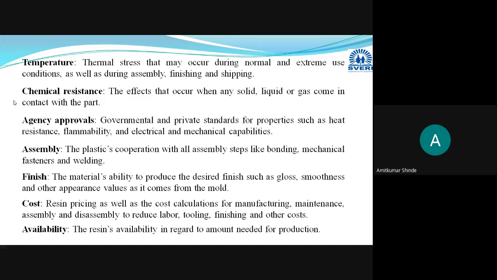So while selecting the particular material, you have to consider that we are going to do some processing on that raw material, which kind of changes will occur according to that, and whether the material is sustainable to those changes. This is related to the temperature of the material.